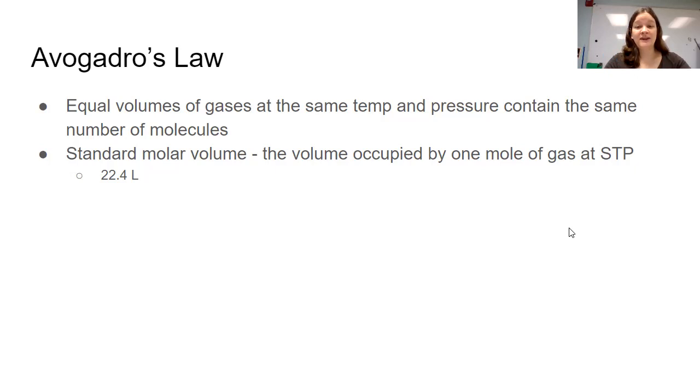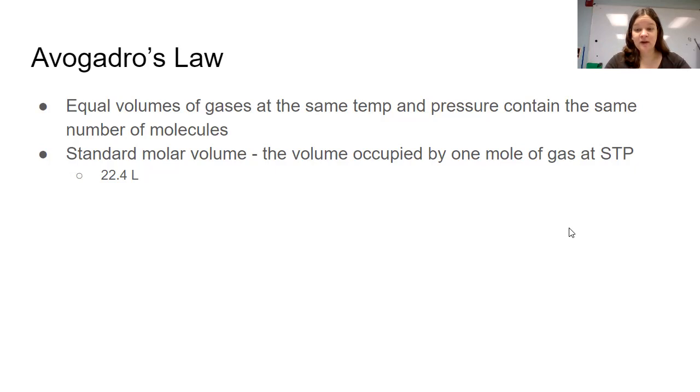Now we have the volume of 1 mole of gas at STP. If you have 1 mole of any gas and you put it at standard temperature and pressure, it's going to be 22.4 liters. It will occupy that volume every time.